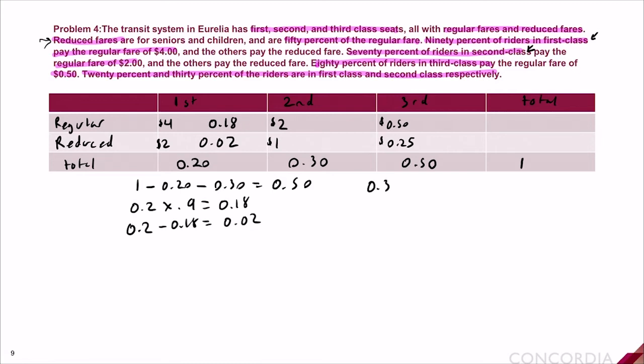We know that 30% of all riders are in second class, times out of that 30%, 70% pay regular fare, which gives us 0.21, which represents the number of people who are in second class and pay regular fare. And if 30% are in second class and 0.21 are in second class and pay regular fare, 0.09 must pay the reduced fare.